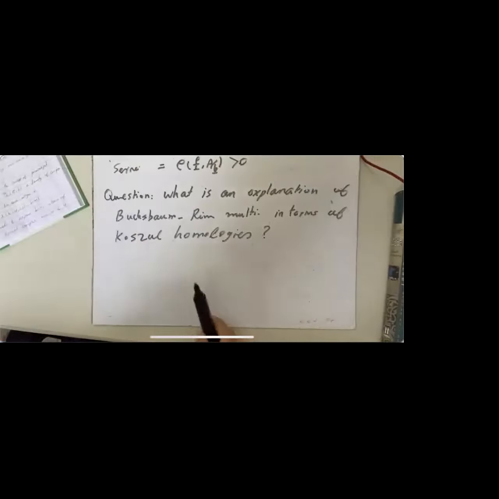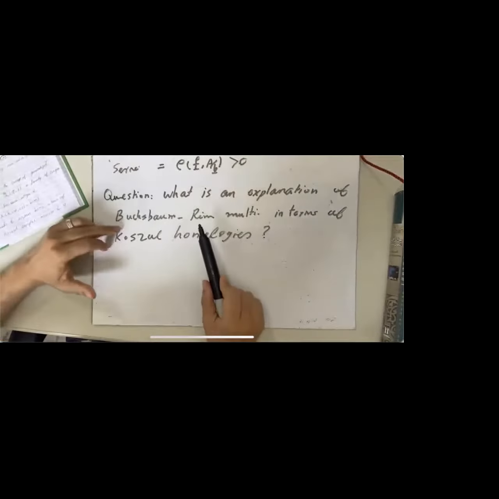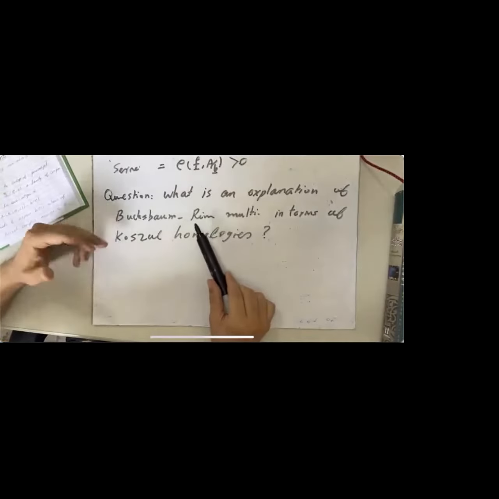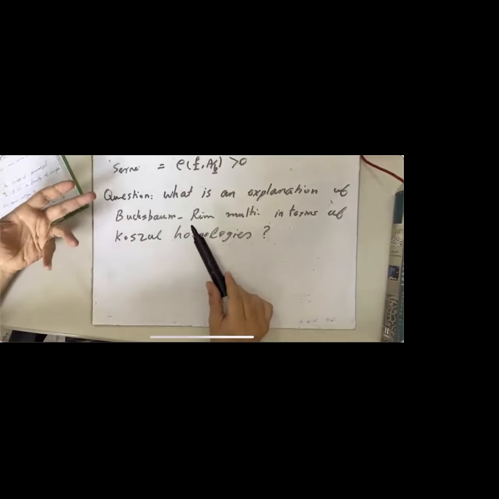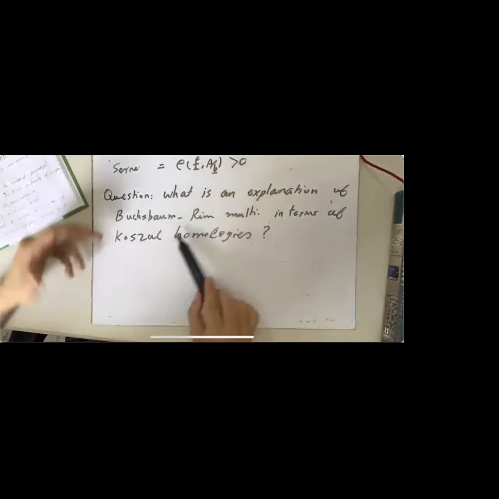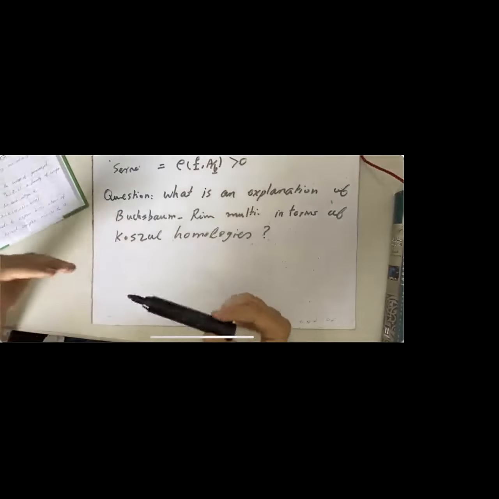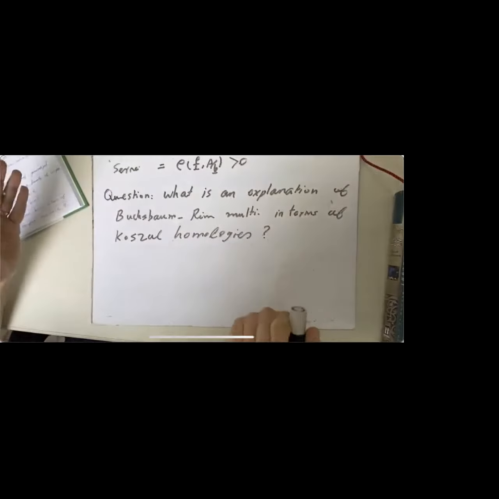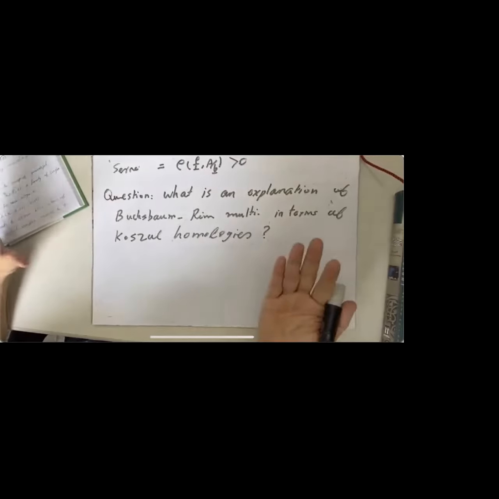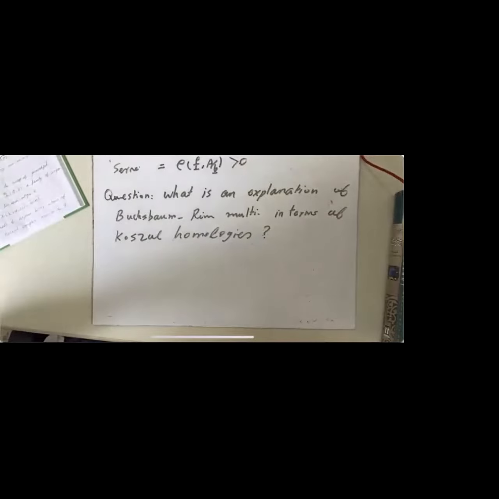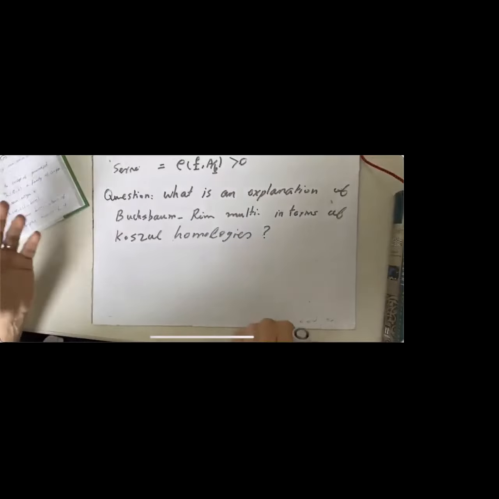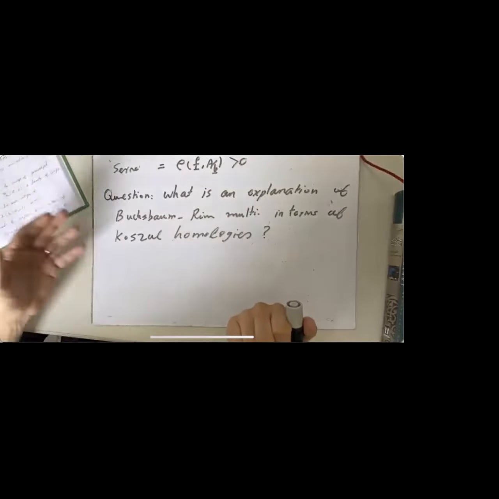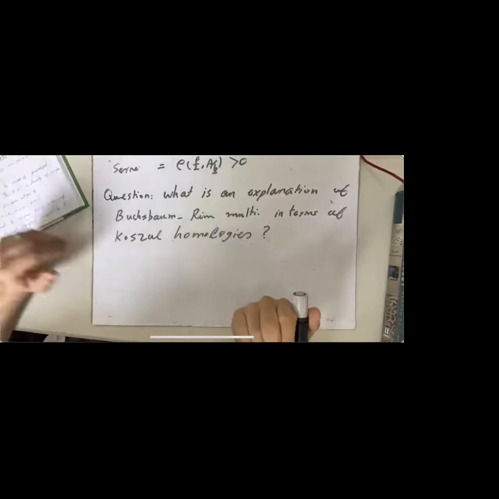So what Buchsbaum and Rim did was that they modified the Koszul complex, right? Instead of working with the Koszul complex, they created another type of complex reminiscent of the Koszul complex, with many of the properties the Koszul complex has, but not exactly what the Koszul complex served as, a resolution or free approximation, right?